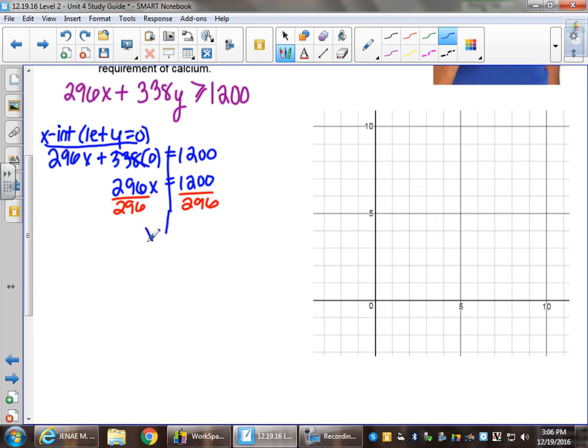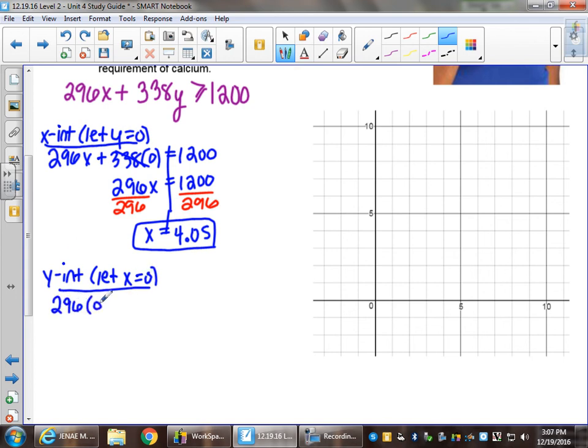We get x equals 4.054, or 4.05. Y-intercept, let x equal 0. So that would be 296 times 0 plus 338y equals 1,200.